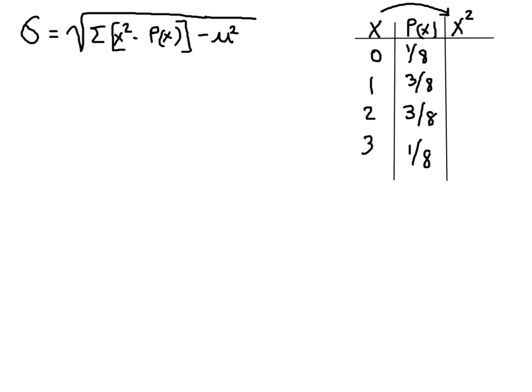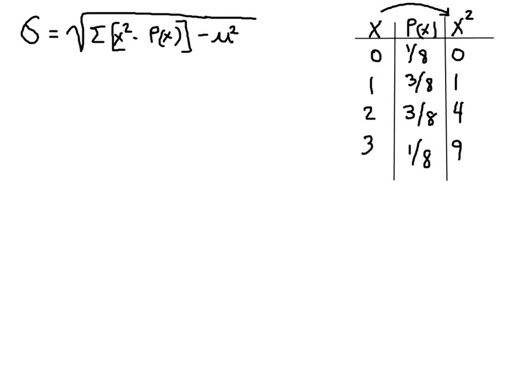I know where my column of x is, I just need to square it. So 0 squared is 0. 1 squared is 1. So I'm taking each random variable and squaring it. So 2 squared is 4, 3 squared is 9. So I took everything in that column and squared it, and now I have its own column labeled x squared.